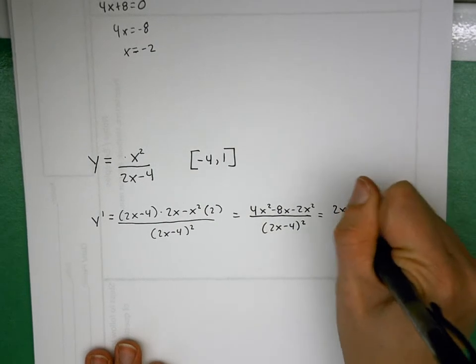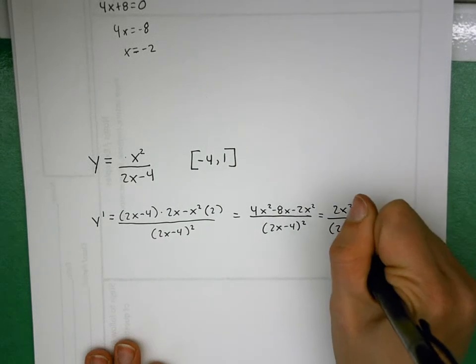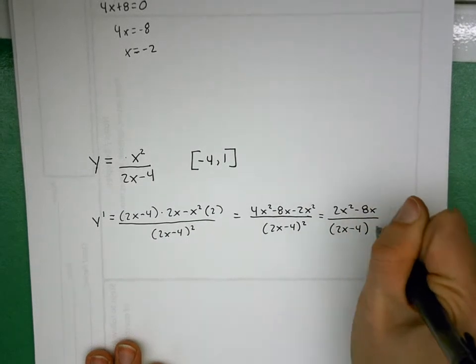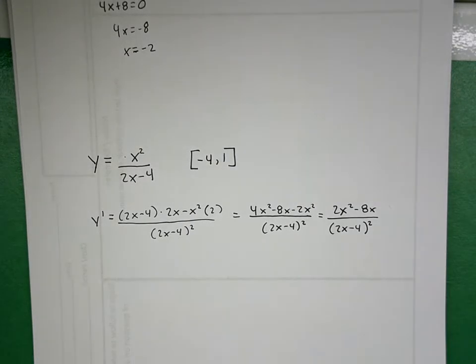And one step further to 2x squared minus 8x all over 2x minus 4 quantity squared. Okay?